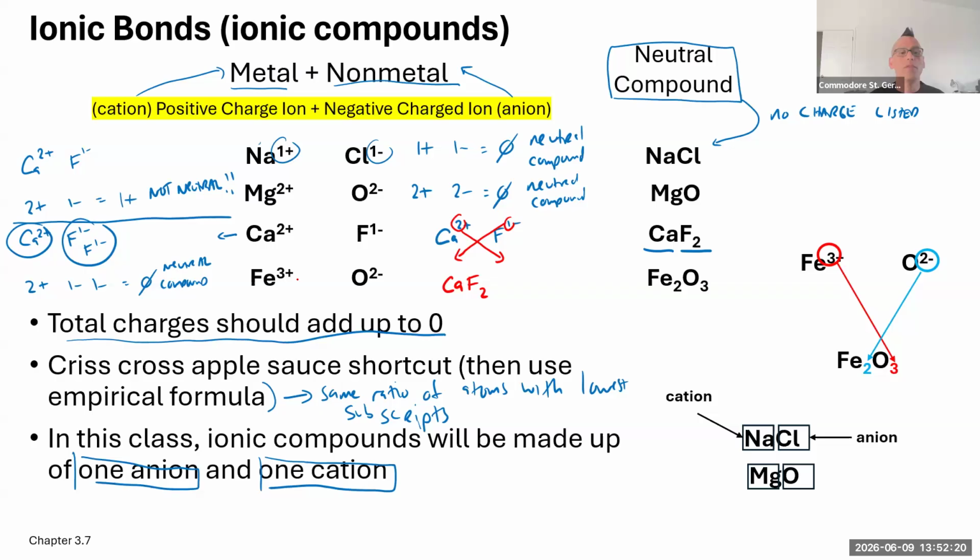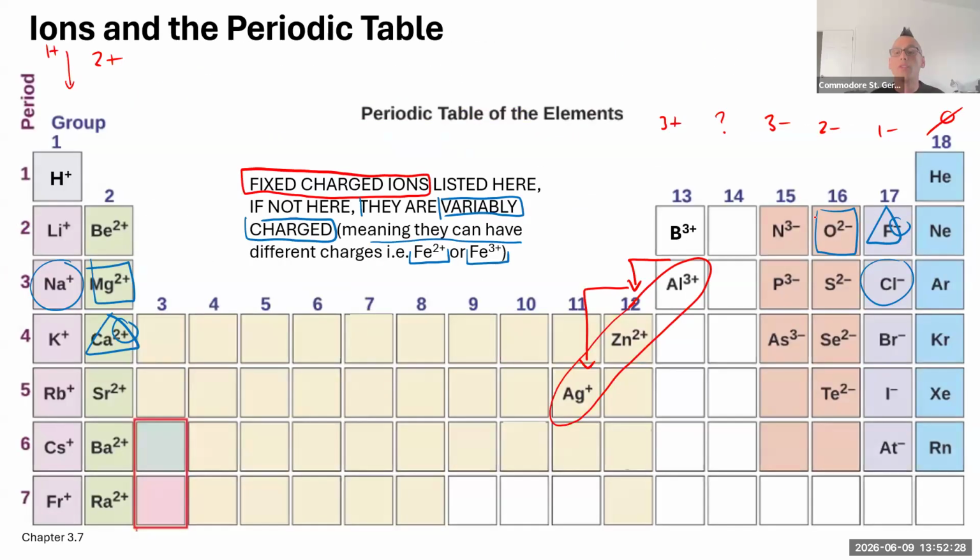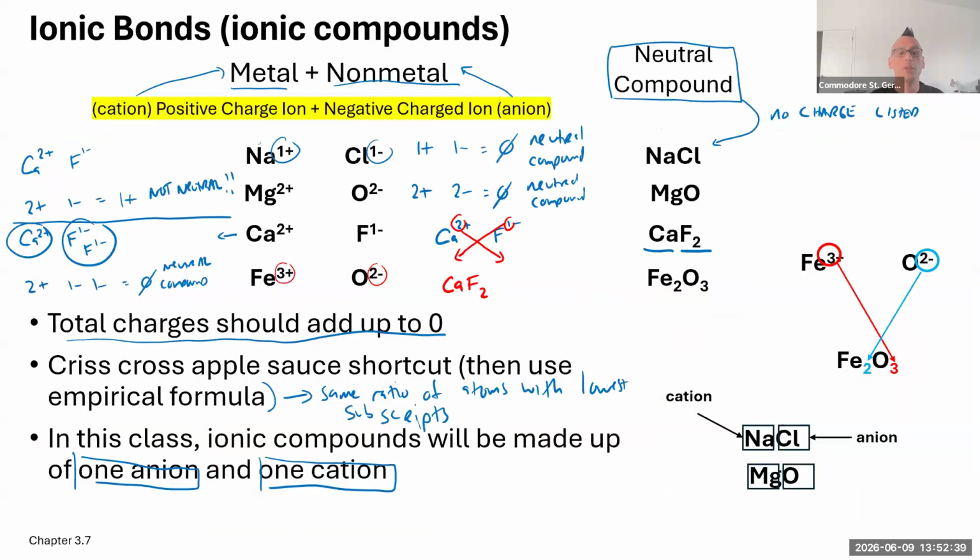All right. So if we look at iron, this specific iron is 3 plus. This specific oxygen, or all oxygens, are 2 minus, right? Iron's over here somewhere, but iron is a variably charged ion. This specific one is going to be 3 plus.